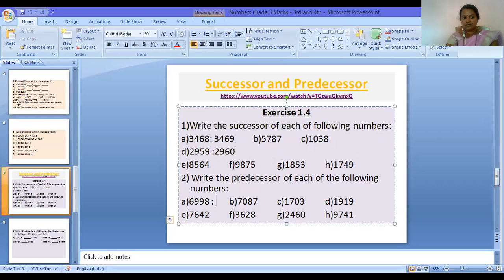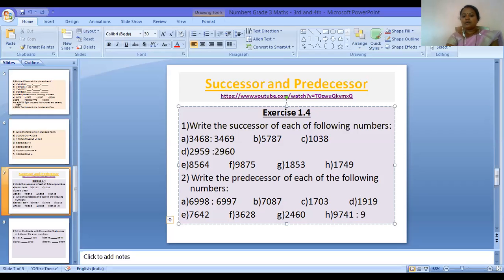Predecessor, as we just saw, is the previous number of the given number. So we have 6998. What is the number before this? Yes, exactly. It is 6997. Let's see the last one, that is 9741.